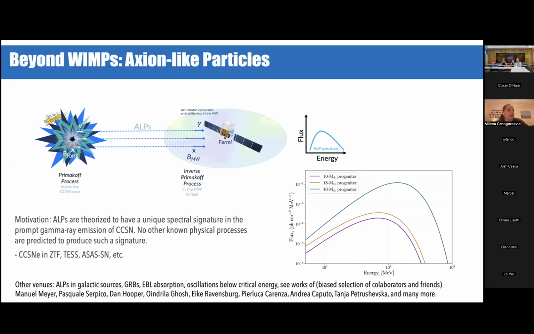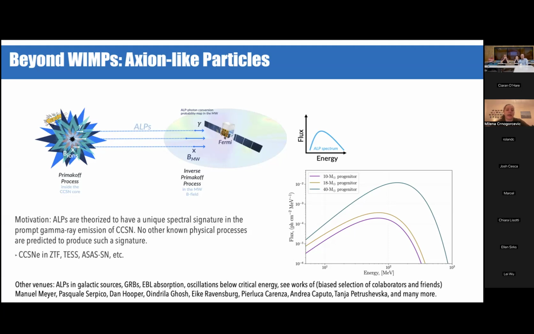sky. So one of the ideas that has been very widely recognized and used in axion-like particle searches is using the observations of core collapse supernovae.